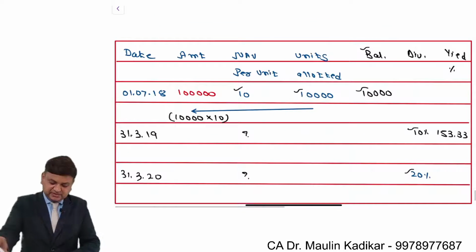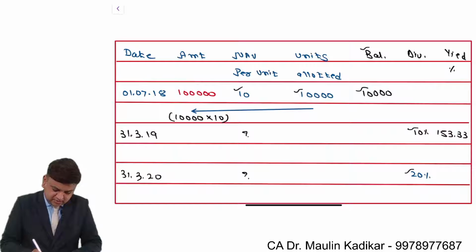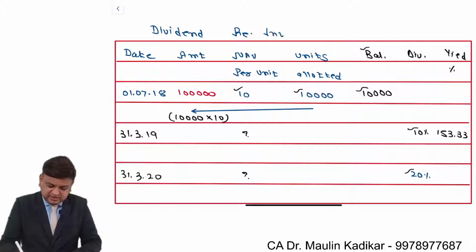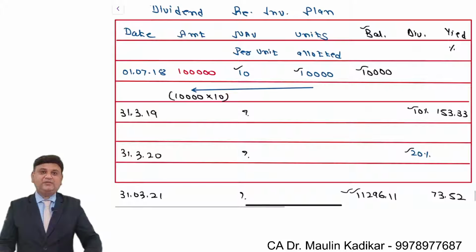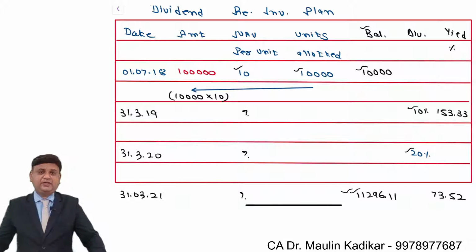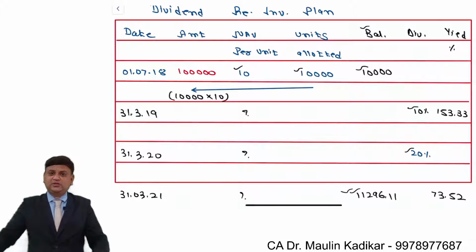So the investment must have been made in dividend reinvestment plan. This is what we understand. This is the basic information only for purpose of understanding. Still, I request all of you to write down this table.